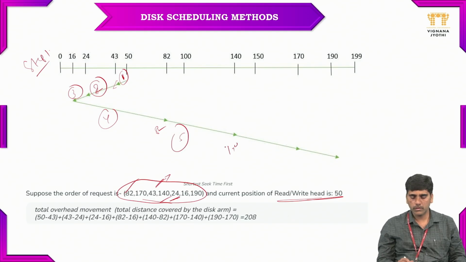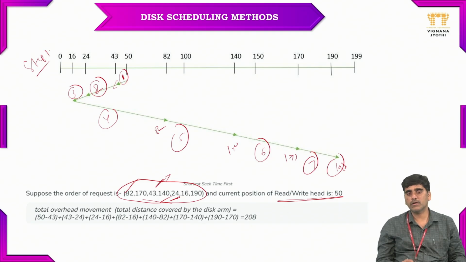After 140 it moves to 170, the sixth position, and from 170 the remaining last request, 190, is the seventh position. In this way, each position is moved to next on the basis of the shortest seek time of the order of requests.